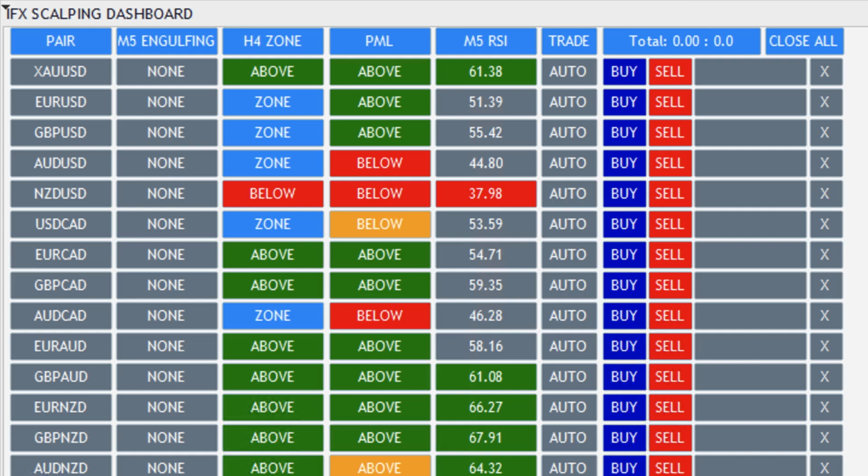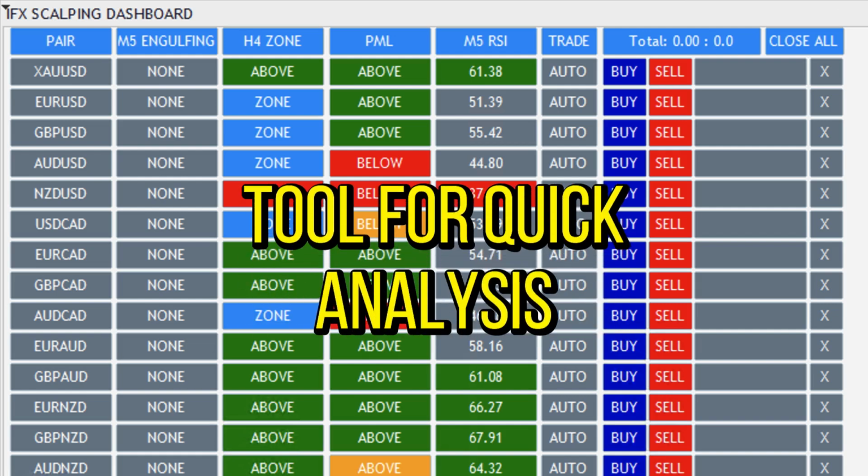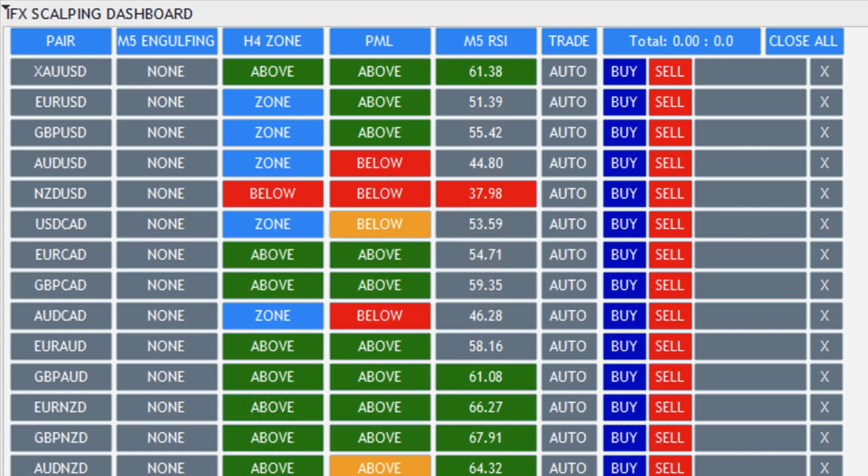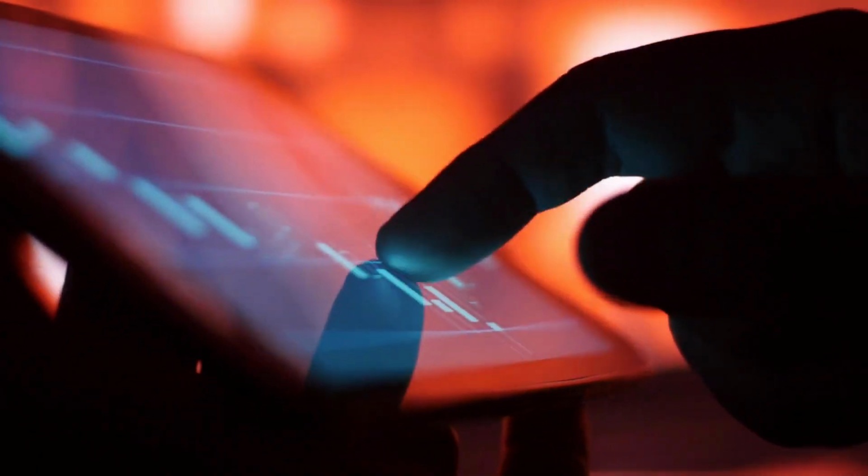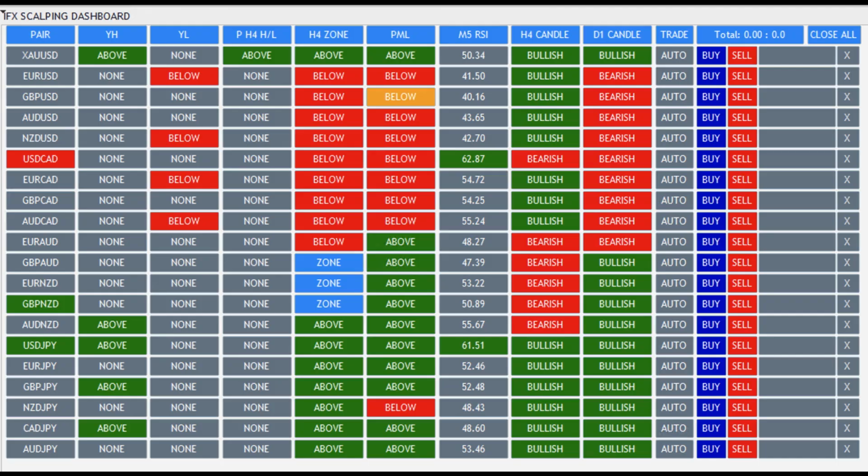Remember, the dashboard is a tool to give you a quick idea of the market, but it's not the complete picture. You'll always need to analyze the charts to make an informed decision. Once you're comfortable with this trend strategy, you can start exploring the reversal strategy and possibly add more columns to the dashboard to enhance your analysis.